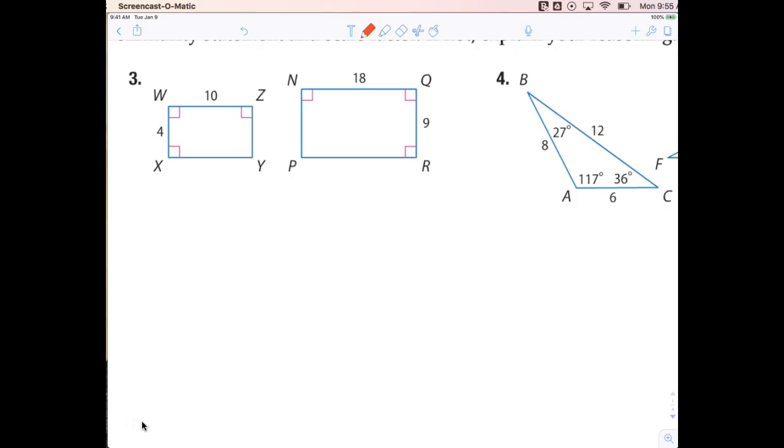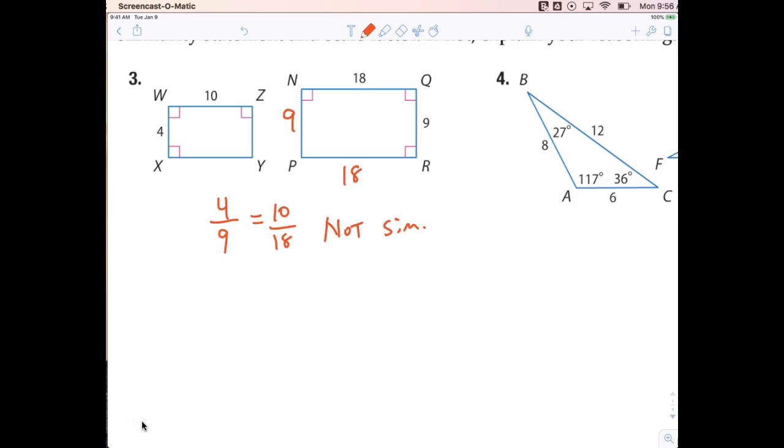Does everybody agree with that? So we know that NP is 9, and we know that PR is 18. Now the question is, are they similar rectangles? Is 4 over 9 equal to 10 over 18? No, since that's not true, they are not similar.